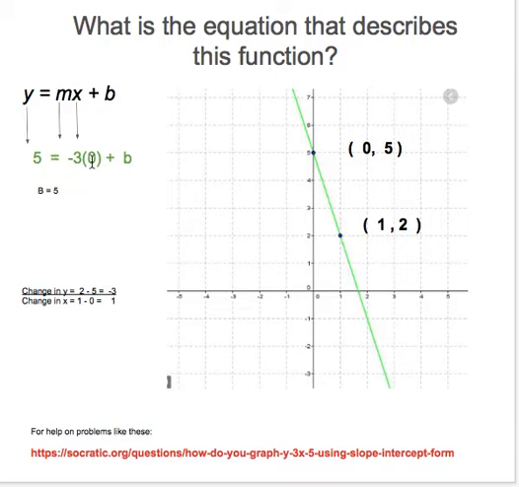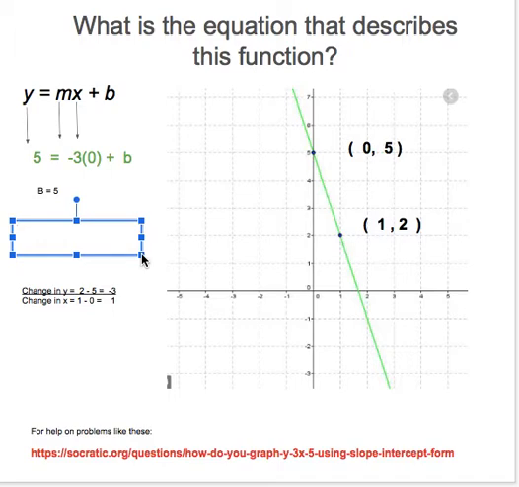So now we have the slope, negative 3. Now we have the y-intercept, which is b, which is 5. You found that right here. Now we can go ahead and simply type in our equation.